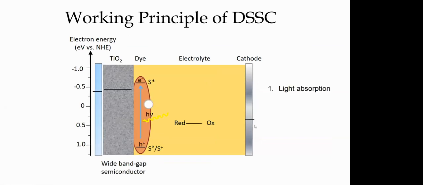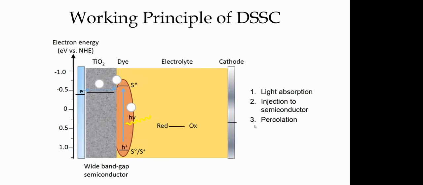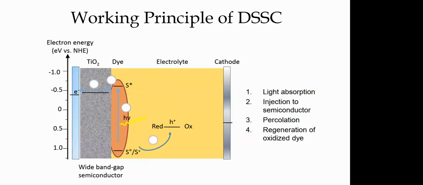Right. So once light is falling, the photon of corresponding energy is absorbed, and the electron comes out into the conduction band. Then it is transferred through the TiO2 to the next stage, and then this electrolyte regenerates the dye molecules by recombining the electron at this end to compensate the photogenerated electron.